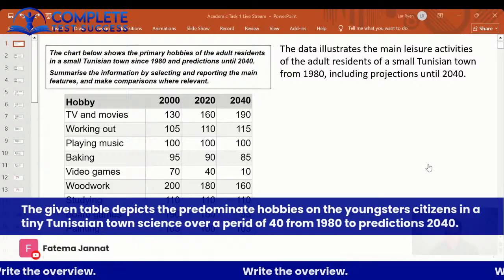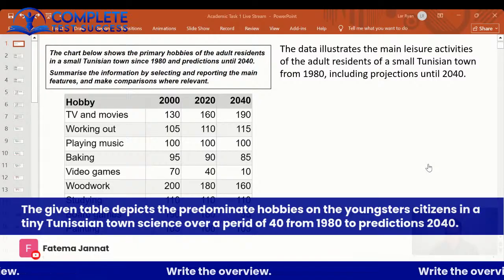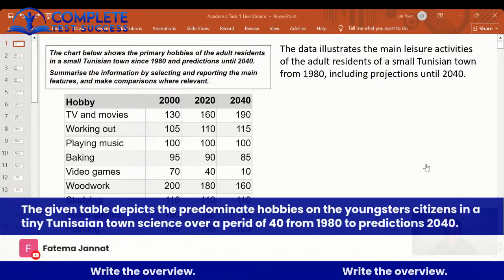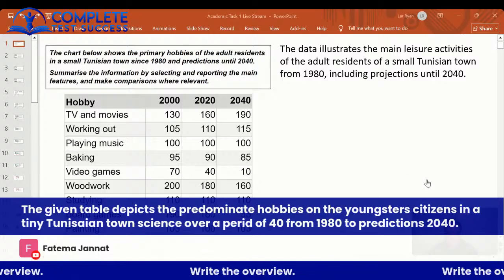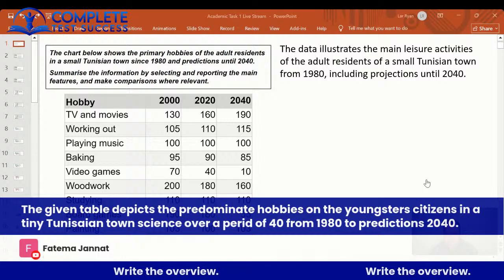Fatima, hi Fatima. The given table depicts the predominant hobbies on the youngsters' citizens. No, it says adults, not youngsters. Also, the word youngster is informal, so we don't want to use any informal vocab if we can avoid it in our IELTS writing. Okay, in a tiny Tunisian, tiny and small don't have the same meaning.